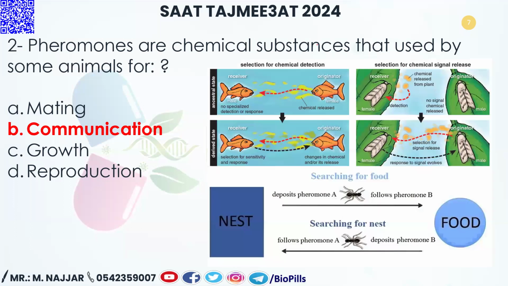As you can see here, pheromones are chemical substances used between individuals of the same species that are not interrupted by other species. So they can only communicate among themselves without being captured by members of another species.